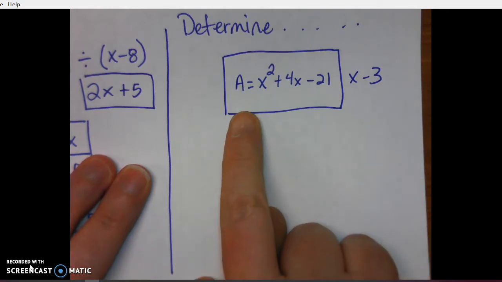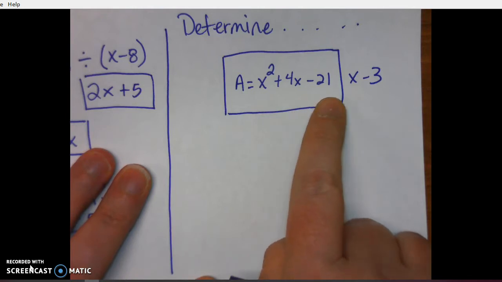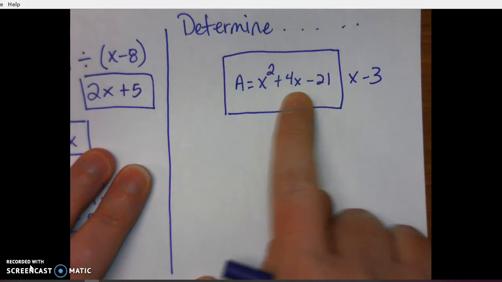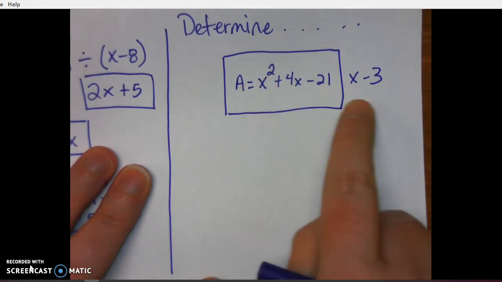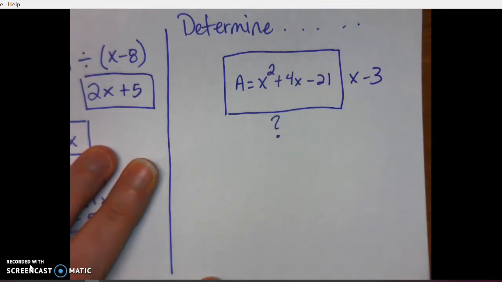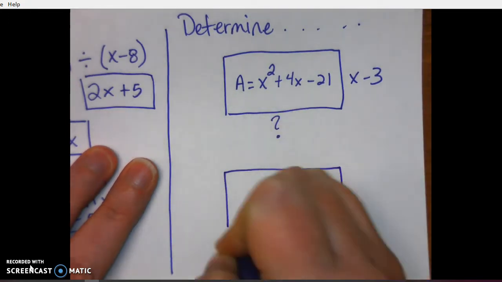Okay, so let's start with our area is x squared plus 4x minus 21, and then this side length is x minus 3. So this is our area, this is our side length. We need to know that side right there. Okay, so let me make my box.